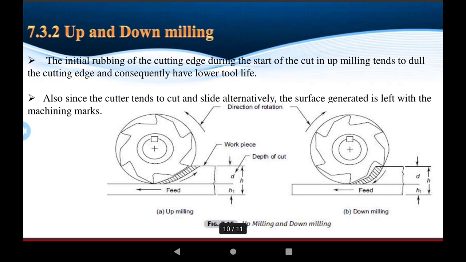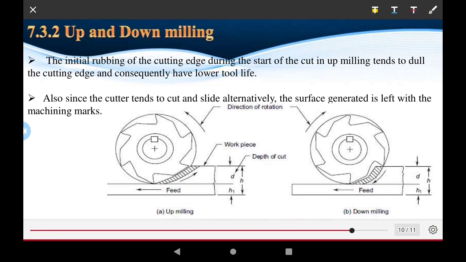Suppose up milling and down milling. This is the initial rubbing of the cutting edge. Suppose this is the up milling of the workpiece.